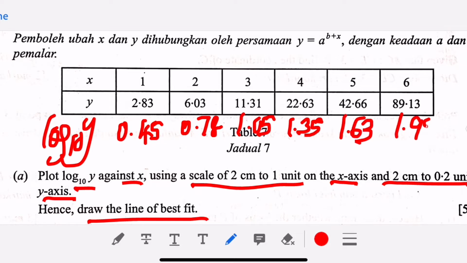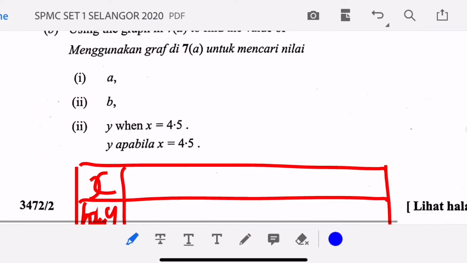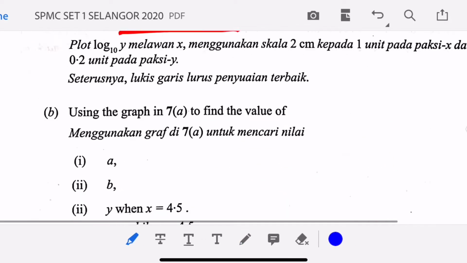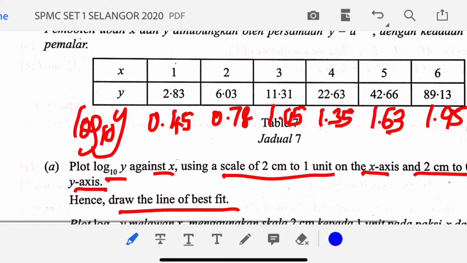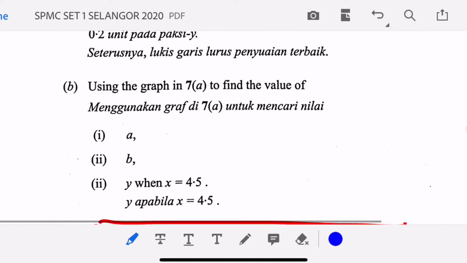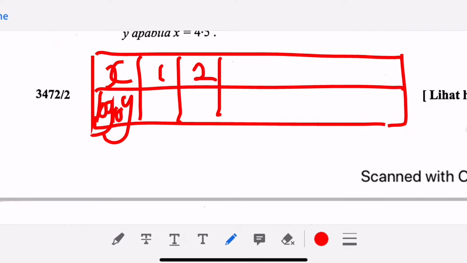Make sure you double confirm your log 10y. Write it down in the test pack, or what we call the booklet in the SPM exam, for 1 2 3 4 5 and 6.